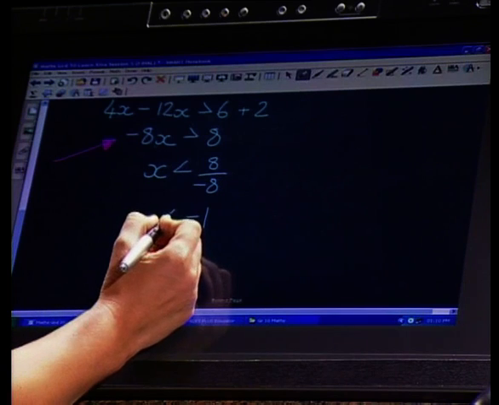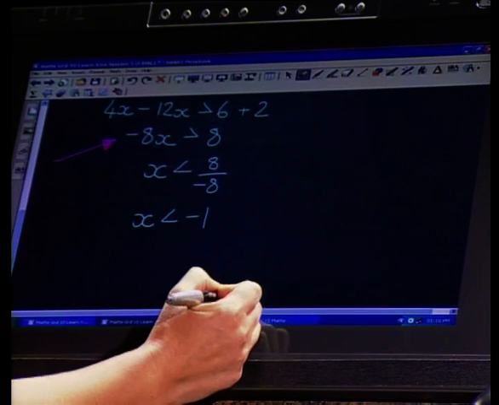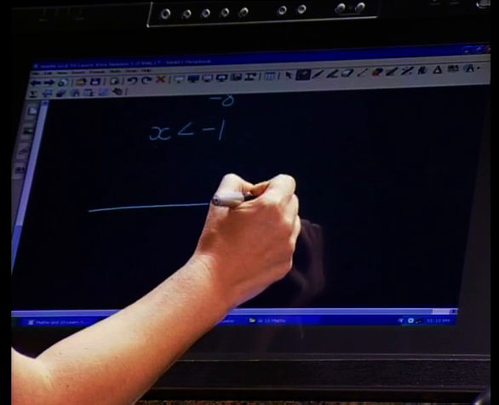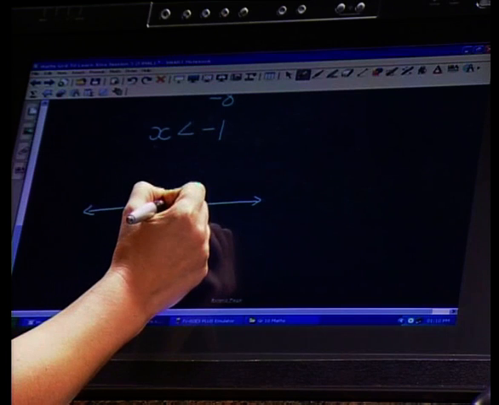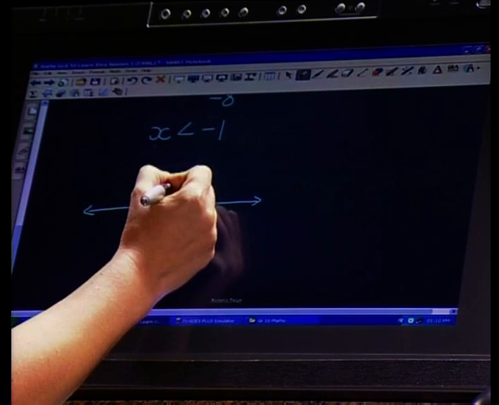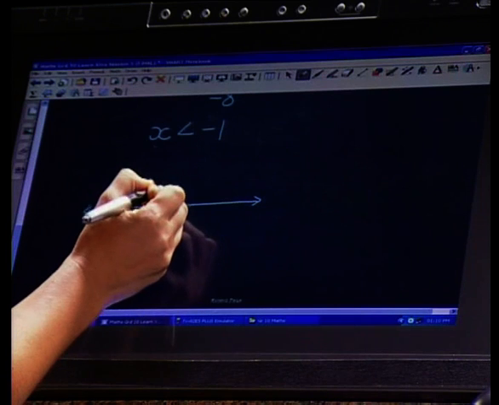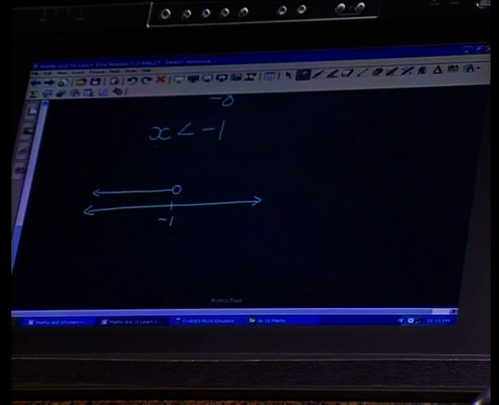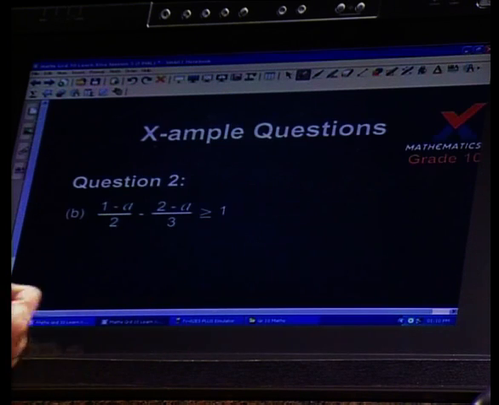So that means x is less than negative 1. If we were to illustrate this on a number line, negative 1 would be your important number, it would be an open circle, and x would be less than it. Let's move on to the next question.